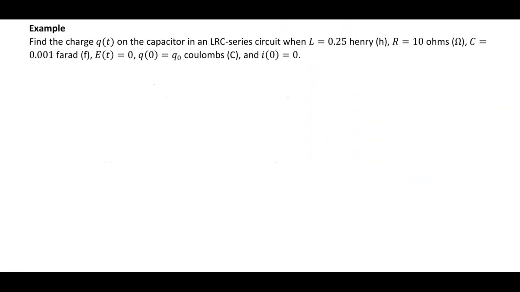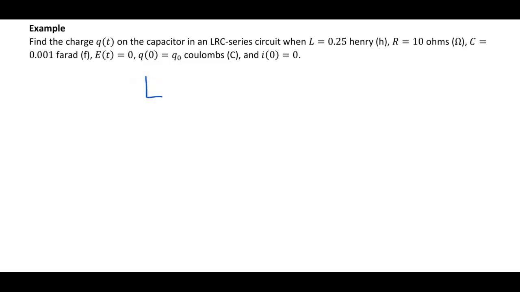All right, so let's look at an example here. Find the charge on the capacitor in an LRC series circuit where you have L, R, and C. E of t is 0. And then we have some initial charge on the capacitor, okay? And I of 0, it says, is also 0. So let's plug this in.